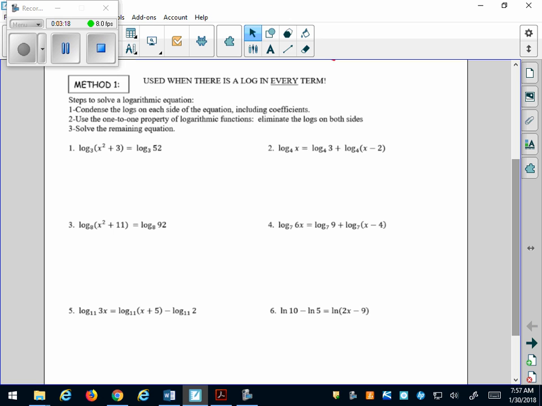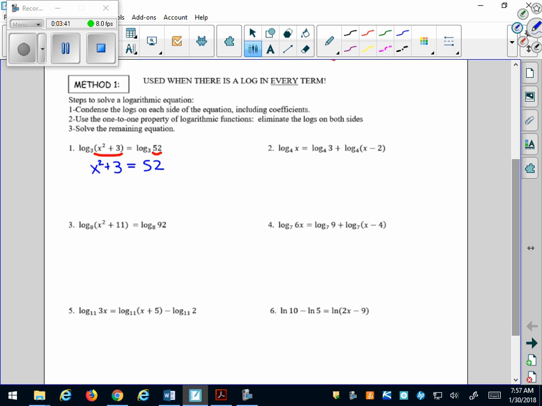This is just an application of that one-to-one property of logs. If we have log base 3 of this, and it equals log base 3 of 52, well then x squared plus 3 must equal 52.